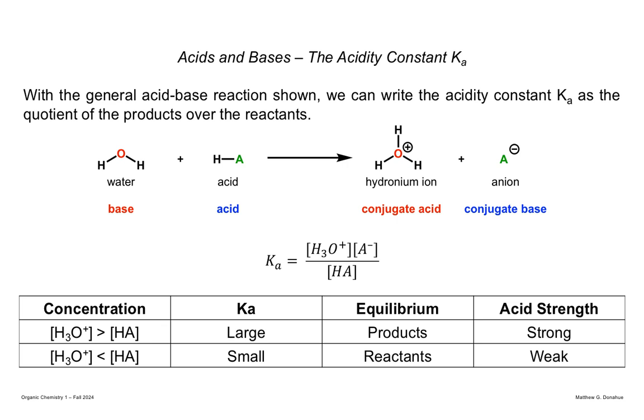But for equilibrium, sometimes you have arrows like that. And so the meaning of that would be product favored. The meaning of that one would be reactant favored.